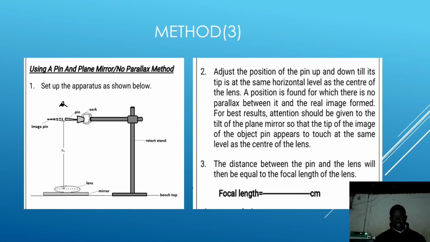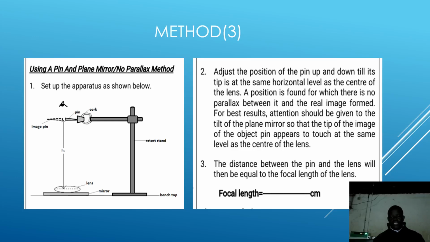So adjust the position of the pin up and down till its tip is at the same horizontal level as the center of the lens. A position is found for which there is no parallax between it and the real image formed.